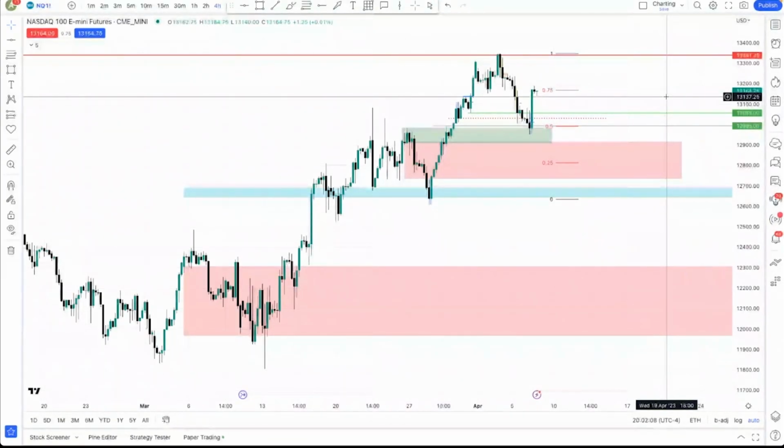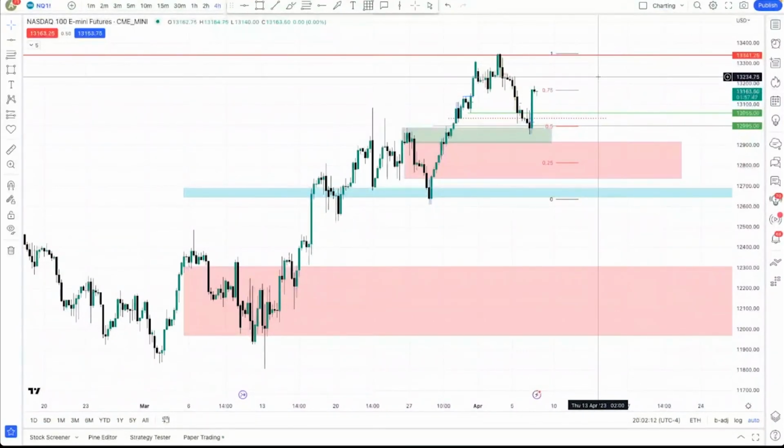I try to have a really hard policy on not buying when I'm in premium, and not selling when it's already moved into the discount area of that range. That said, since it's fractal, you can move that down and re-gauge where you're at within a smaller fractal as price is moving down.